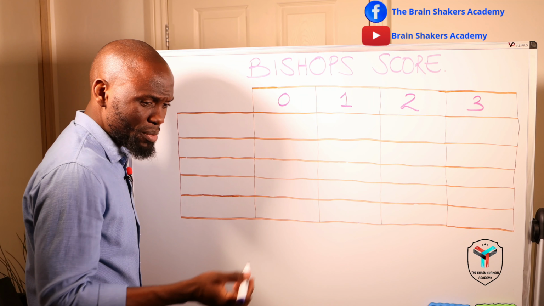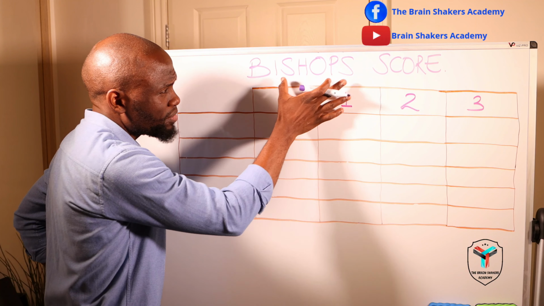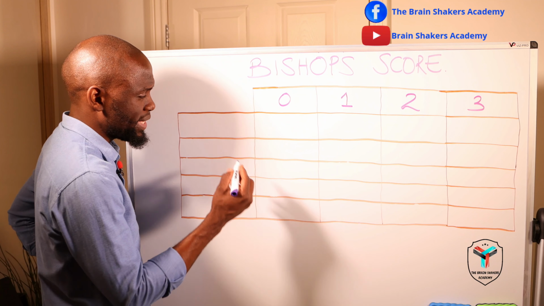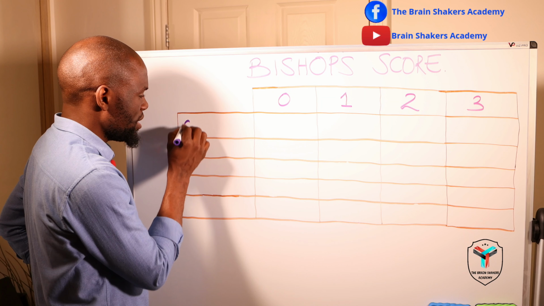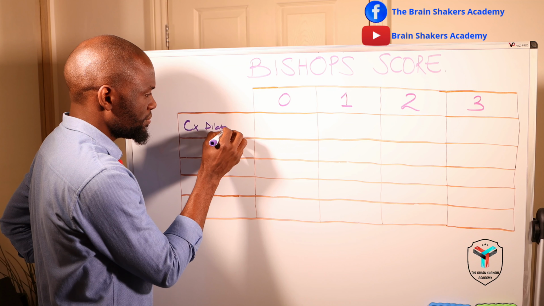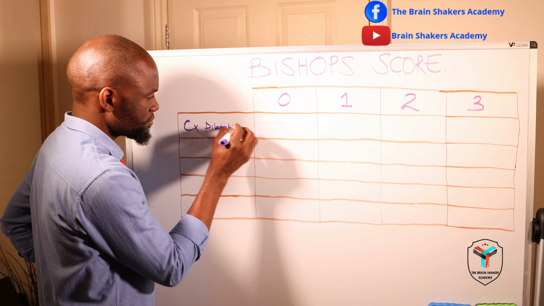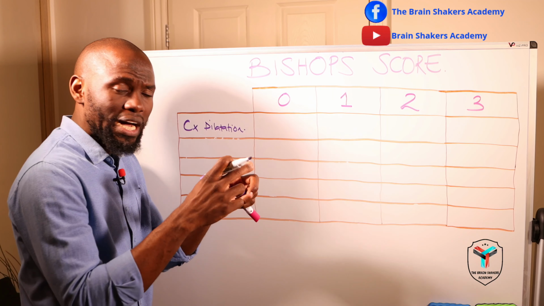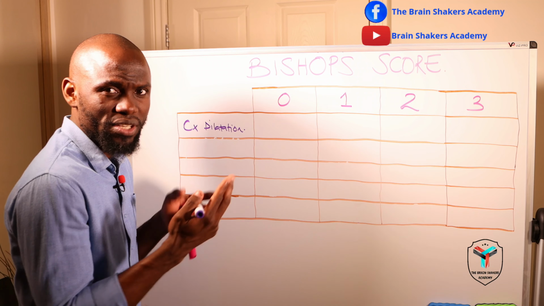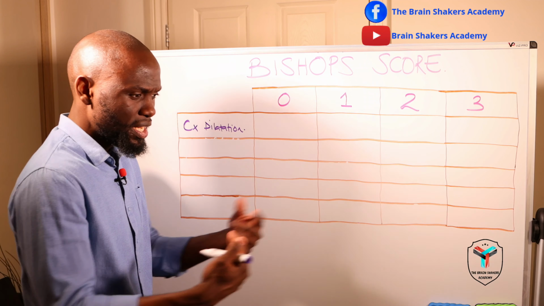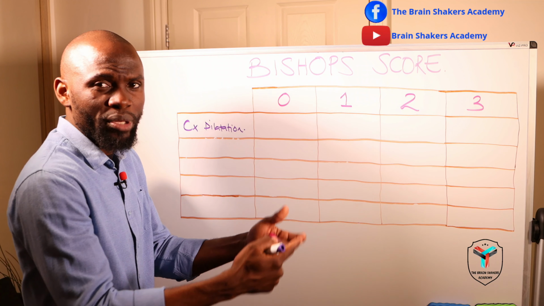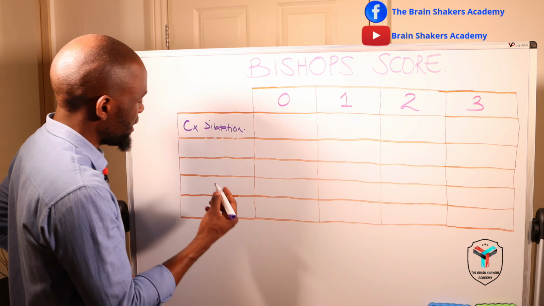Now, the first parameter is the cervical dilatation, which is just merely how open is the cervix as you do that internal vaginal examination, because then it will determine the response when you begin the actual process of induction.